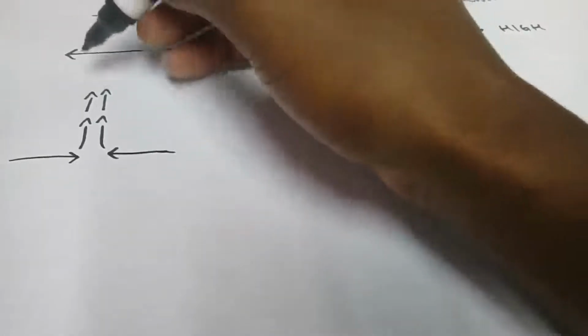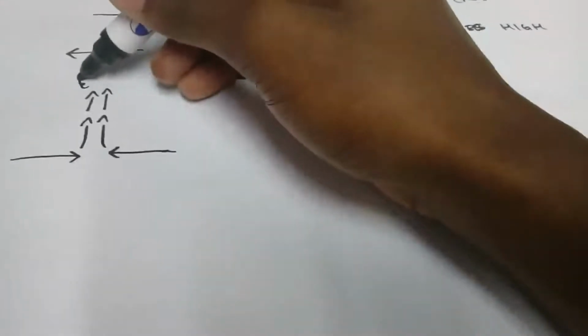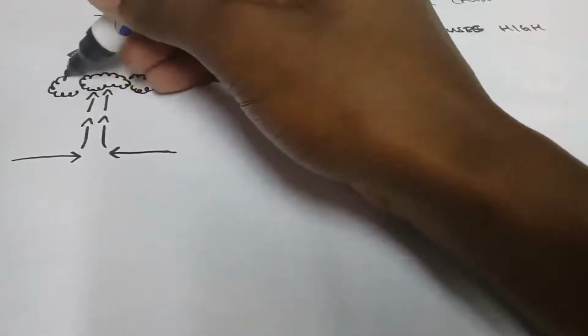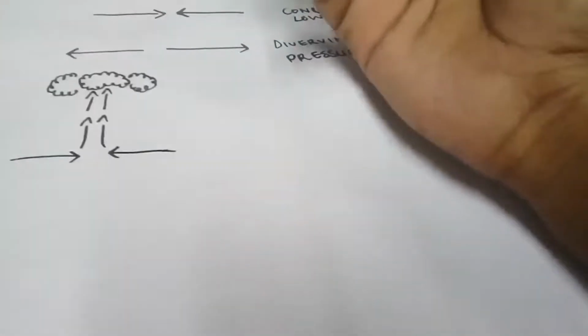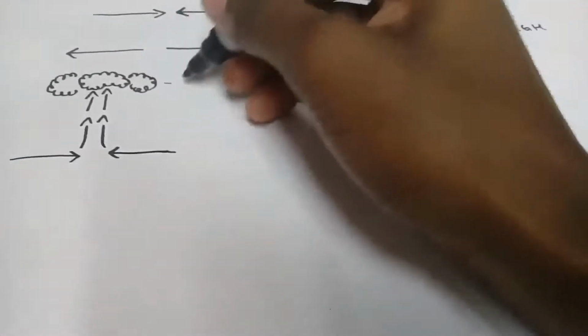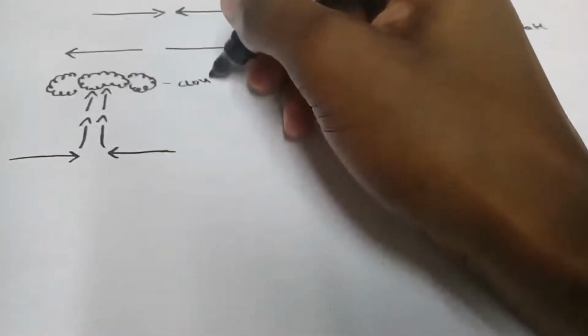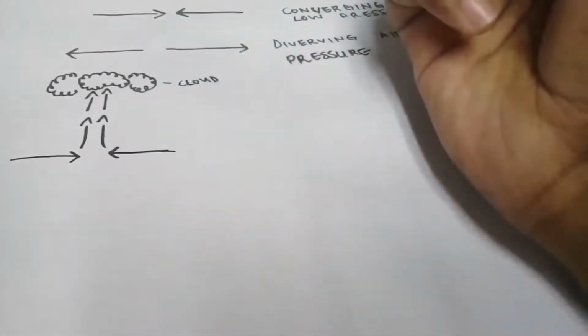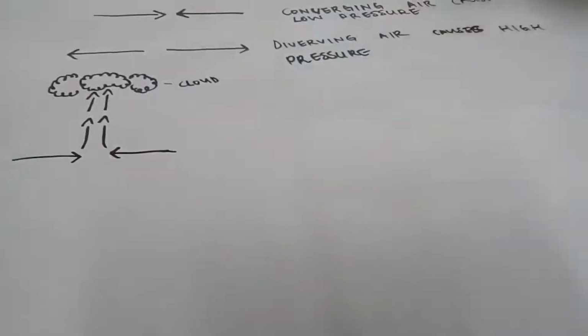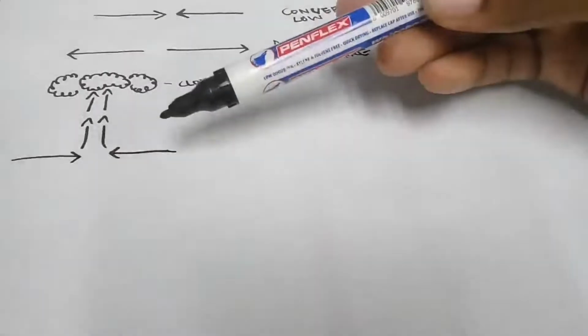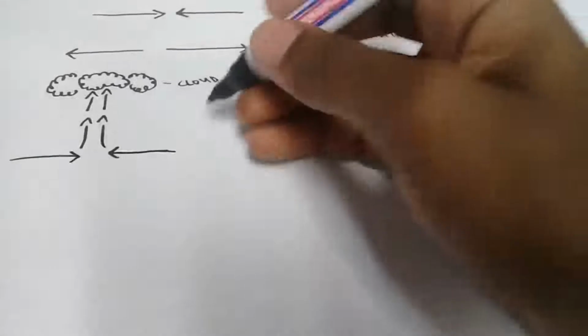So it starts to condense, changing its state from gas to liquid by forming clouds. By forming clouds, this can cause rain. These are clouds, and rainfall can happen. So converging air causes a low pressure.